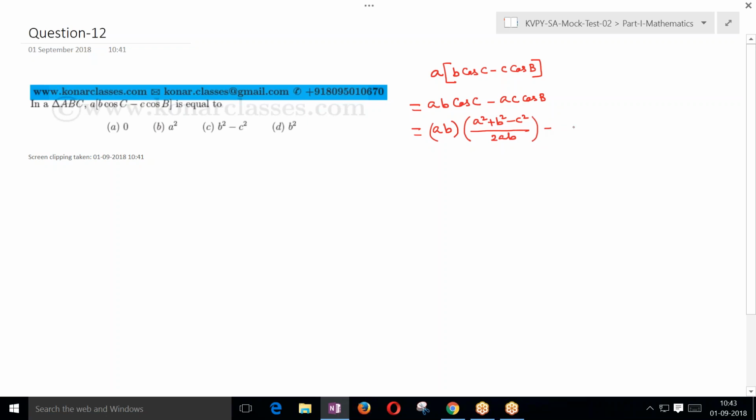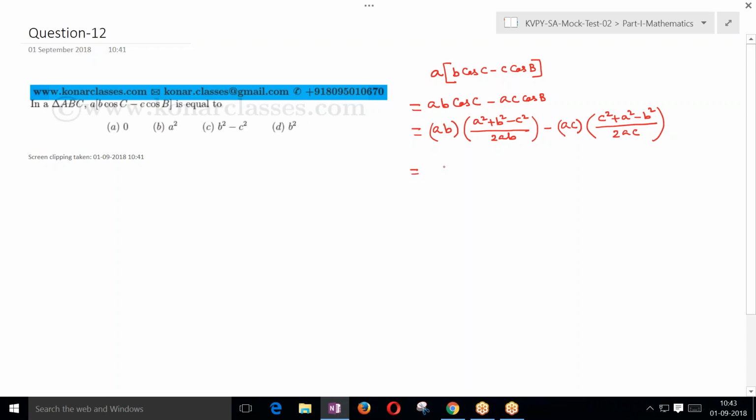All these things, in case you are not aware, we discuss in our classroom coaching. So one day you can come and see how we conduct all this. So cos B is equal to (c square plus a square minus b square) divided by 2 into AC. So these are the formulas.